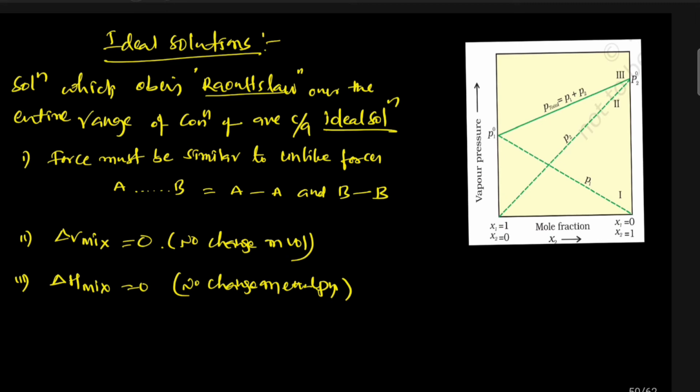Next point: the total pressure of the solution equals the sum of the partial pressures of components A and B, PA plus PB.